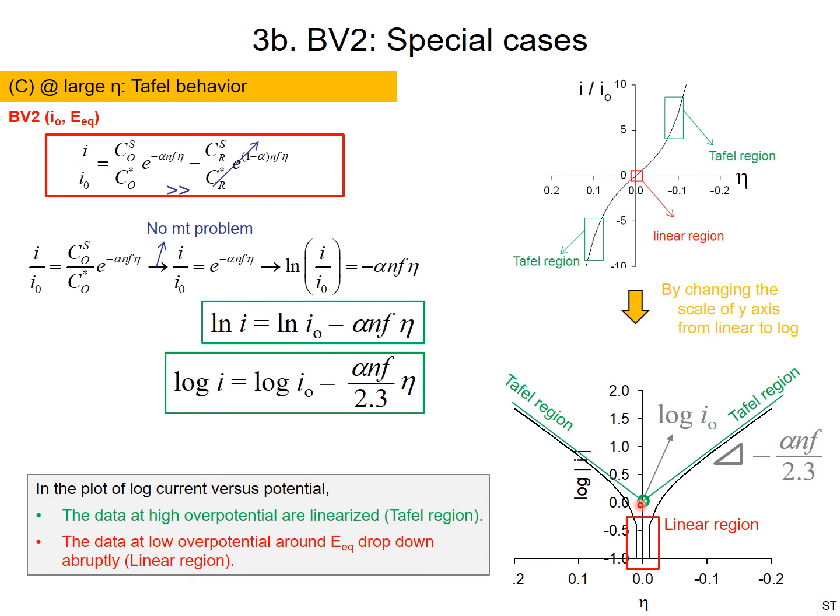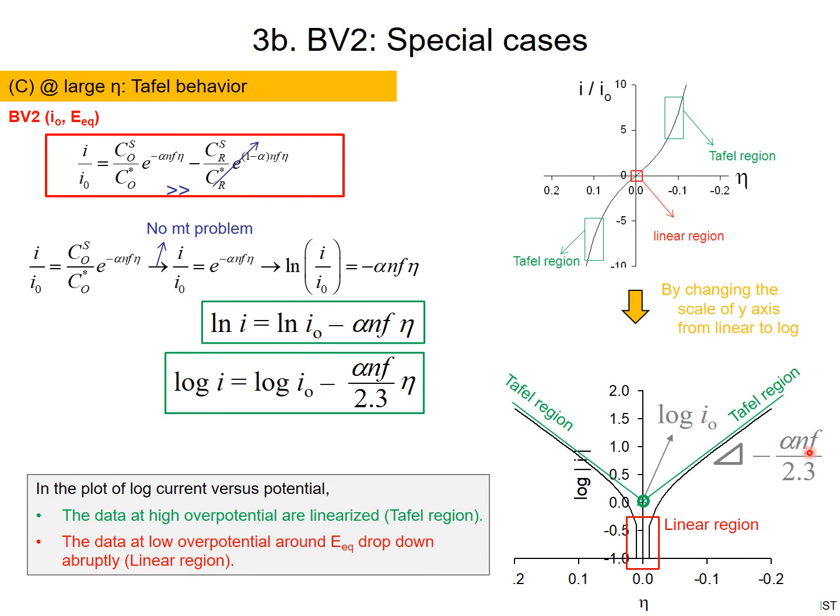So it means from the y-intercept you could obtain the exchange current, and from the slope you could obtain the product of the transfer coefficient alpha and the number of electrons transferred, n. If you know the number of electrons transferred, then you could calculate alpha.